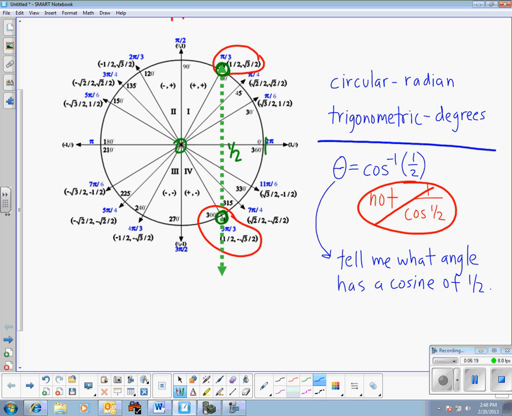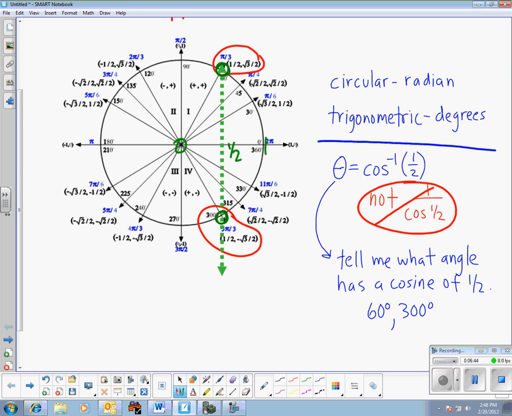So my answer to this question is 60 degrees, 300 degrees. And again, there are infinitely many answers, such as 660 degrees or negative 60 degrees. Any multiple times around the circle and stopping at this point would work, but right now we're just going with the ones that are shown on the unit circle that we can see right in front of us.